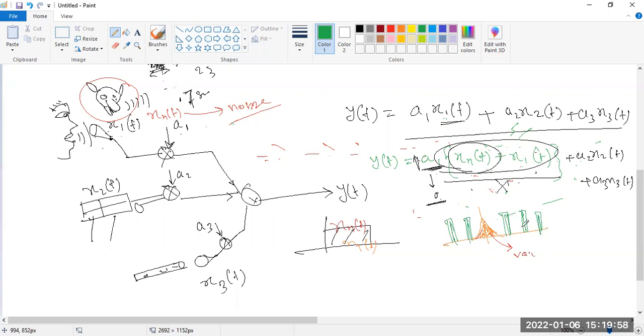So this is a discrete type or sometimes periodic signal, because it is continuing. It is occupying this band of frequency, because frequency bands are different.